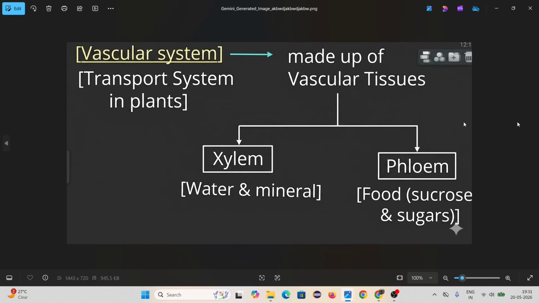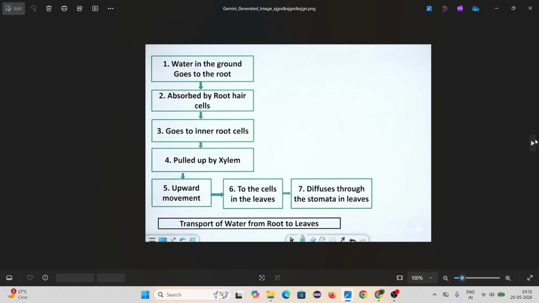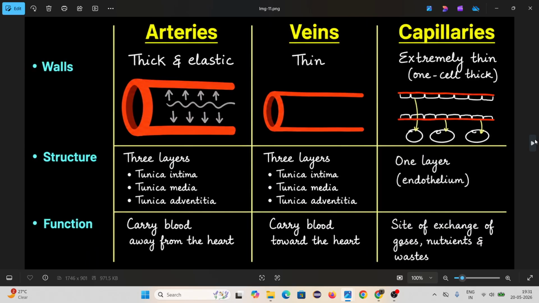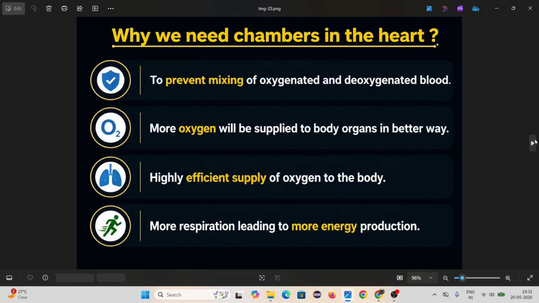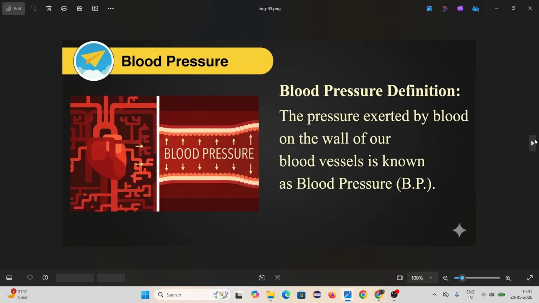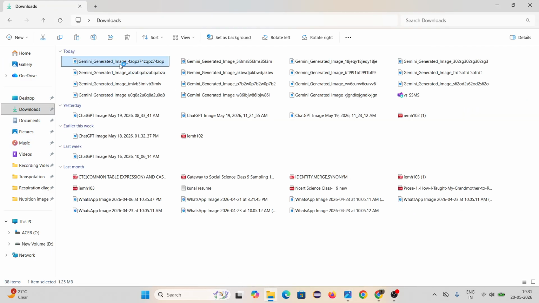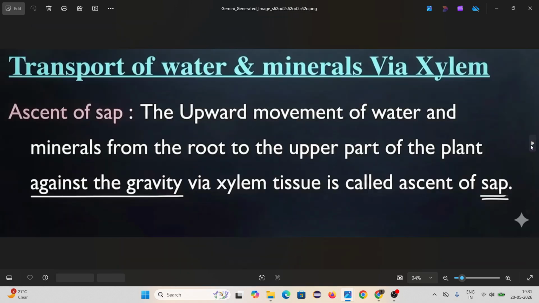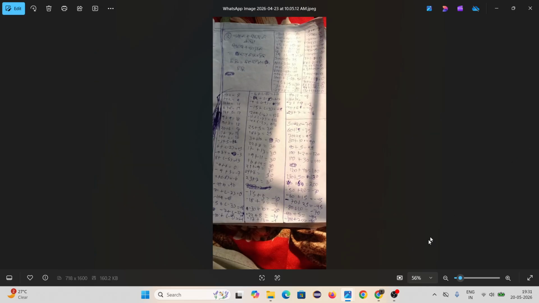I'm searching for that. Just wait. That page is missing.